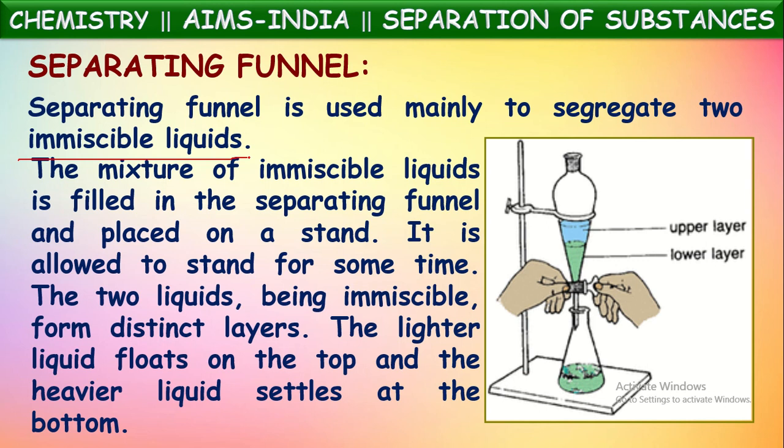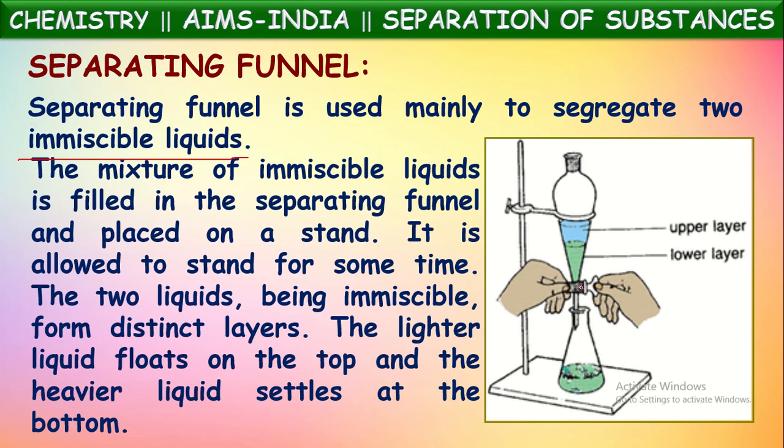The mixture of immiscible liquids can be separated by using a specially designed container called a separating funnel. See, in the diagram it is shown. This vessel is called a separating funnel. It is like a conical cylinder which has a tap at its end.